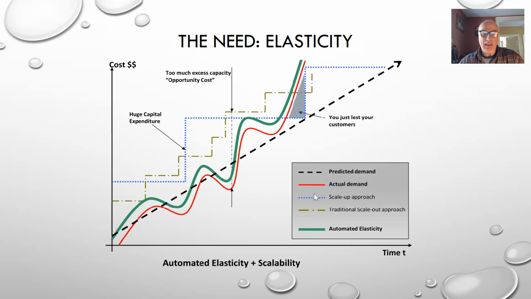So if you look at the predicted demand versus the actual demand, you're bringing up a new application, and you're not really sure how much demand that application is going to have. Well, you start with a predicted demand. Somebody from marketing tells you, this is what we expect in terms of demand for this new application. And that's a nice, even keel.